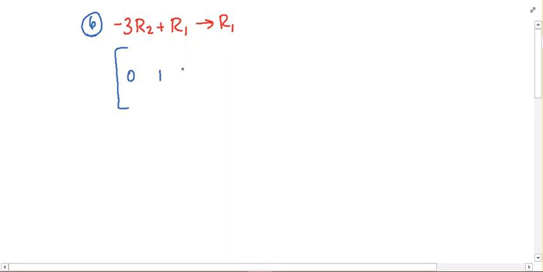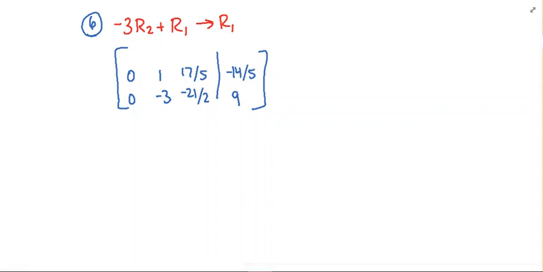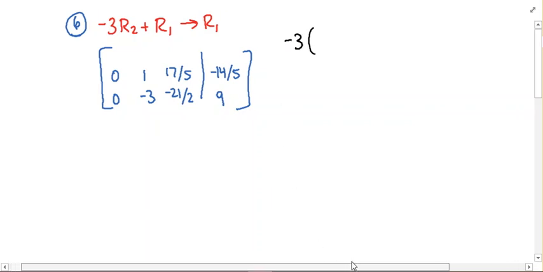Let's write that down. And row 3 is going to stay the same, so I will write that down as well. The third row is 0, -3, -21/2, and 9. Now we need to go out to the side and perform this row operation.